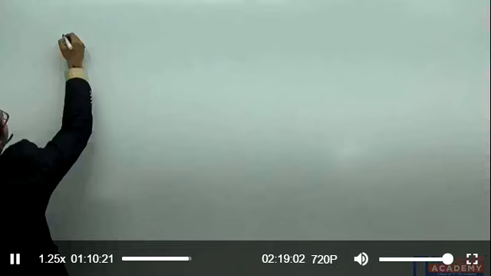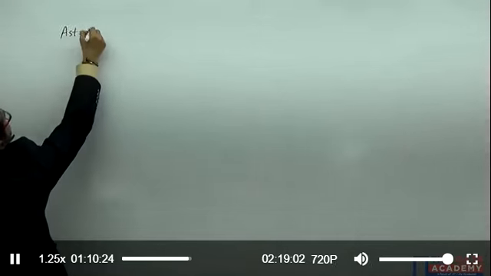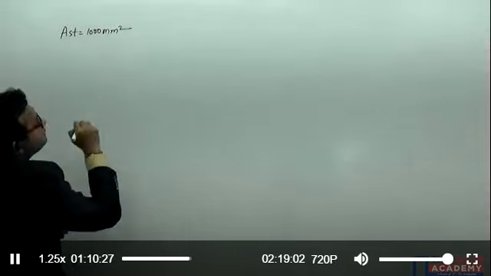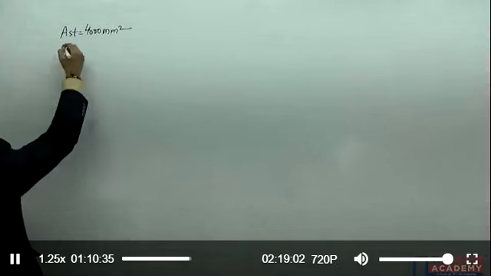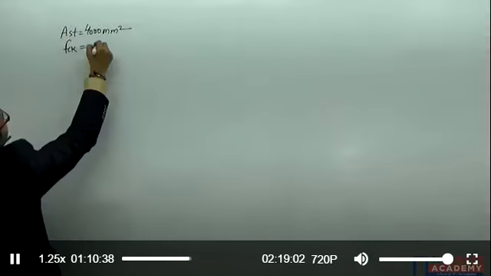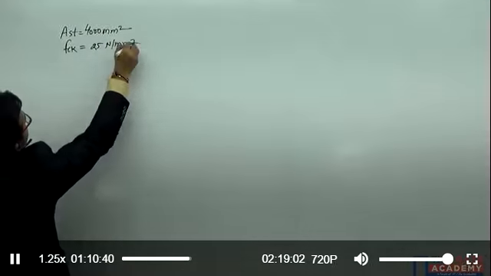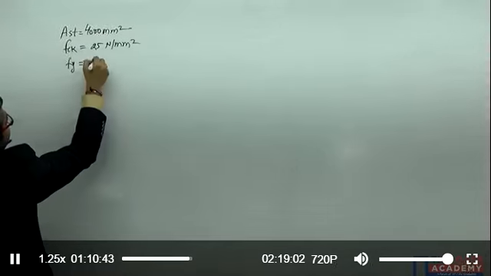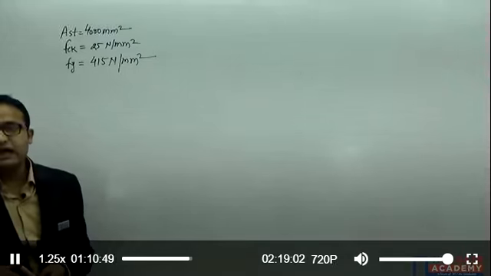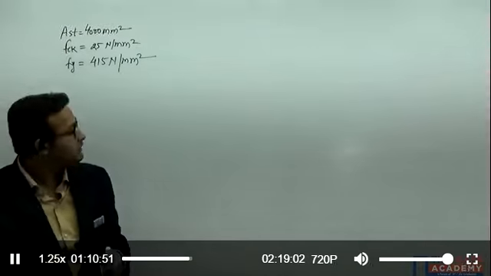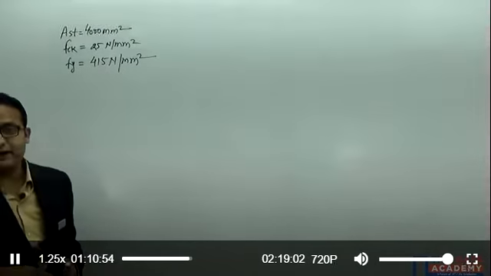Now, write down the data. Total Ast they have given is, sorry, 4000 mm². fck is 25 N/mm². fy is 415 N/mm². And they have given me this figure.